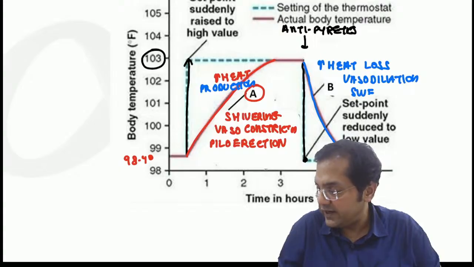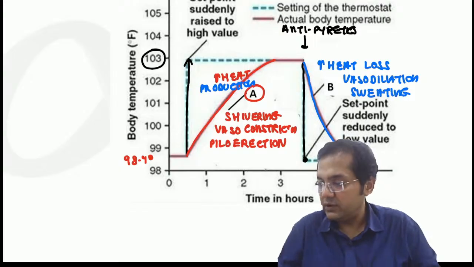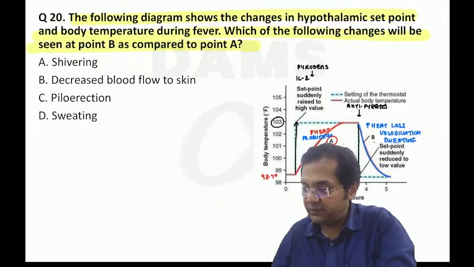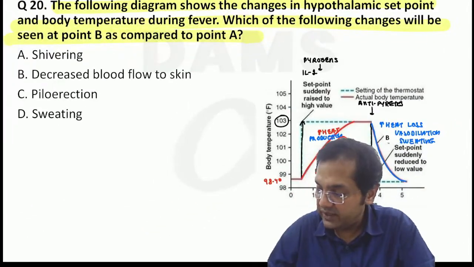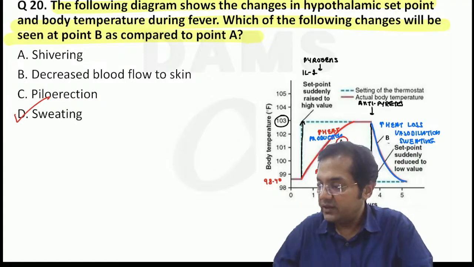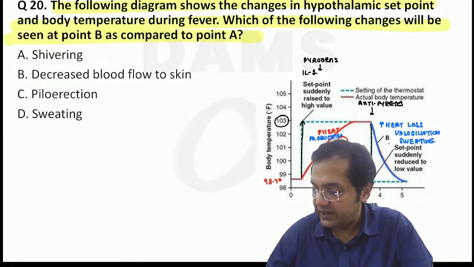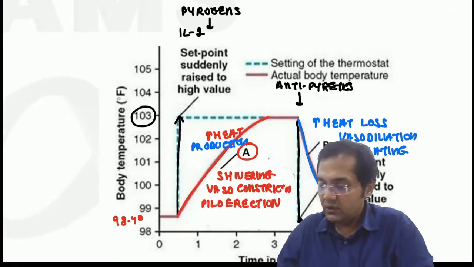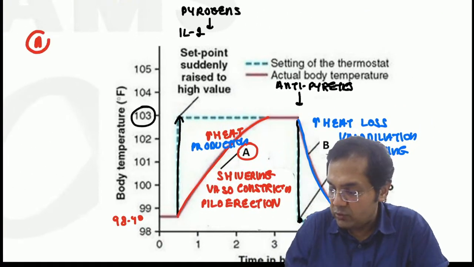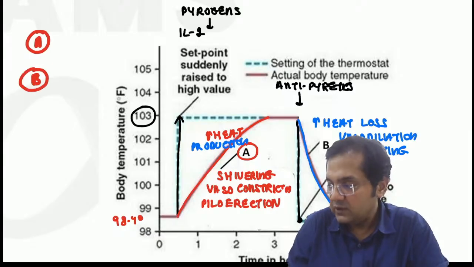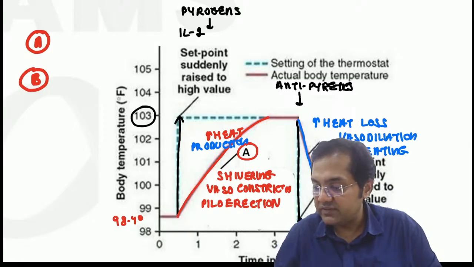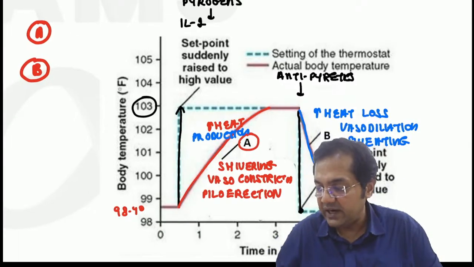and sweating. Very good. Now let me see how many people have given the correct answer. So what happens in B as compared to A? The answer is sweating. Can you tell me another one? Yes, another one. Look at the figure again for me. In comparison to A and B, the anterior hypothalamus is stimulated at which one?